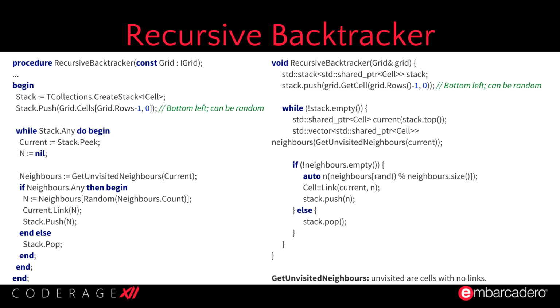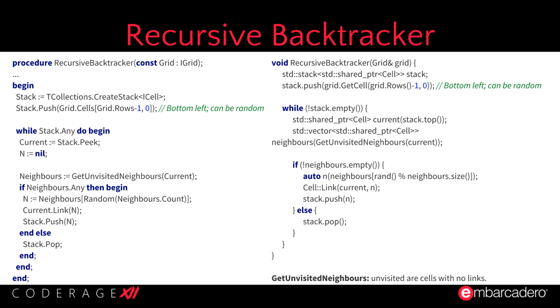So the code to do this, again, is quite short. We create a stack, and we initialize it with the first cell. And we keep looping while there are any cells on the stack, because we know that we have completely filled the grid only when we've backtracked so far that we've got right back to the starting cell. So we start with the current, which is the top of the stack, and we get all the unvisited neighbors.